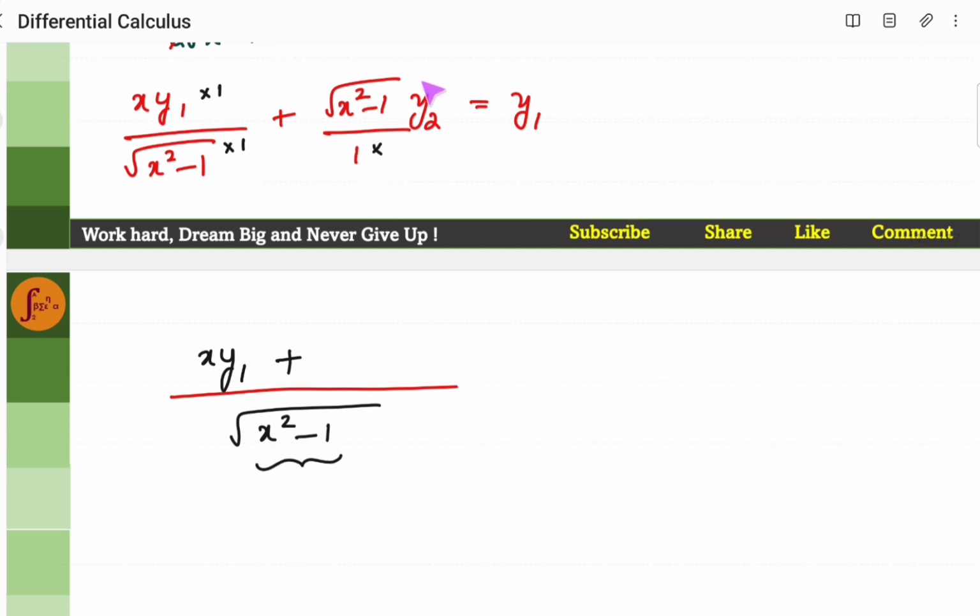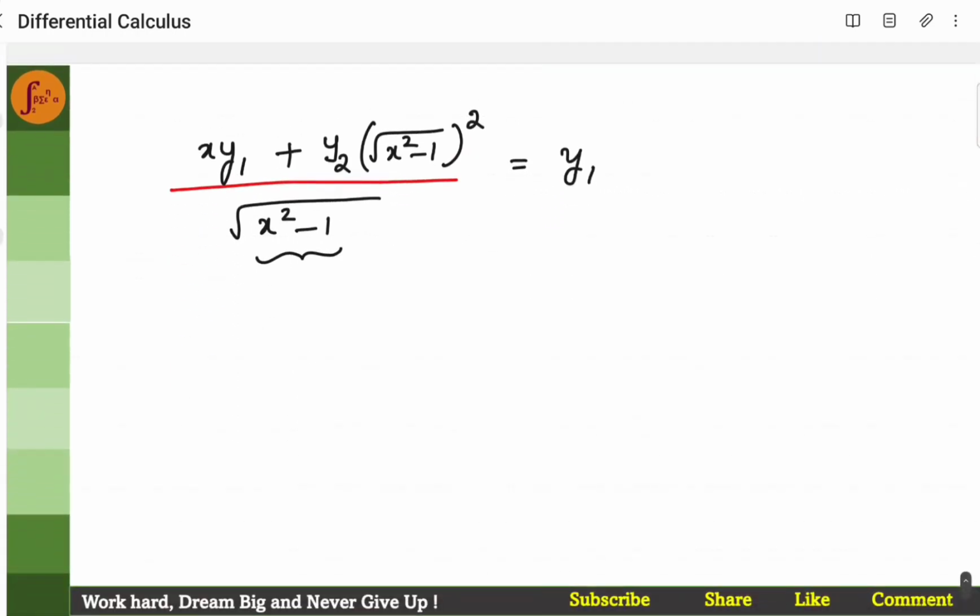That is, I multiply the numerator x square minus 1, right? So we have y2. This into this would be root of x square minus 1, the whole square, correct? This is equal to y1. Now the square root and square will get cancelled. I'll be left with xy1 plus y2 into x square minus 1 is equal to y1.